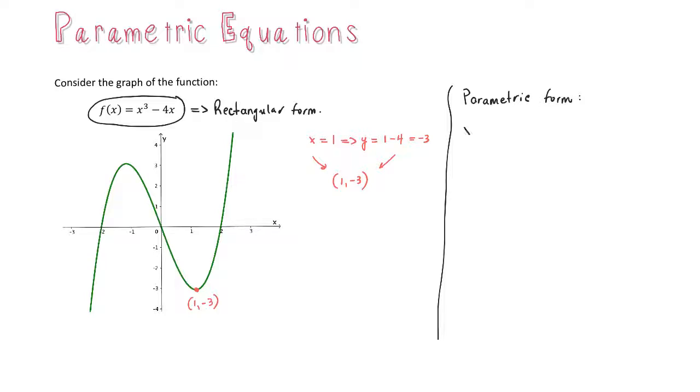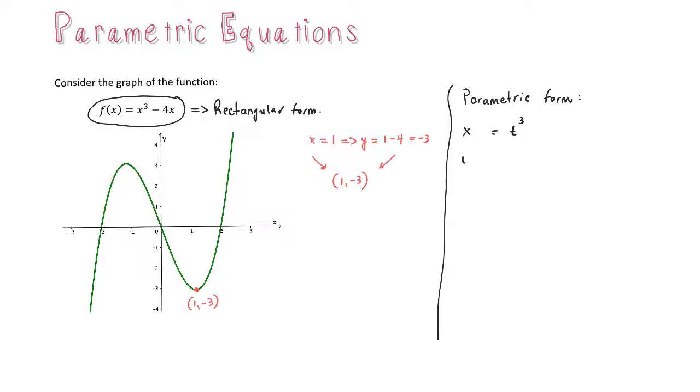The equation or the expression for x will be, let's say, t to the third. As I said, the x values will have their own expression, in this case t to the third.